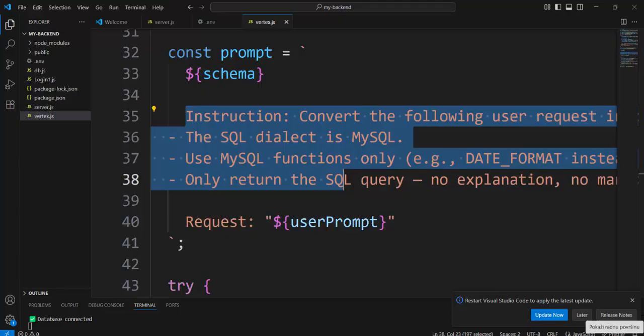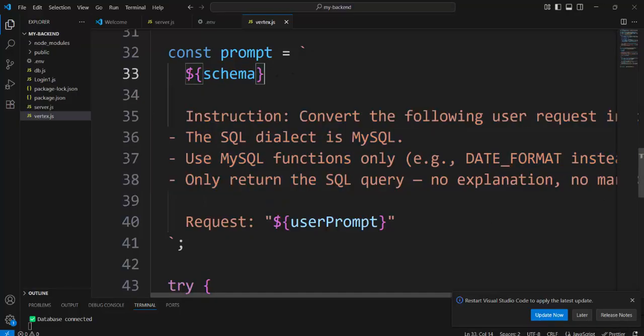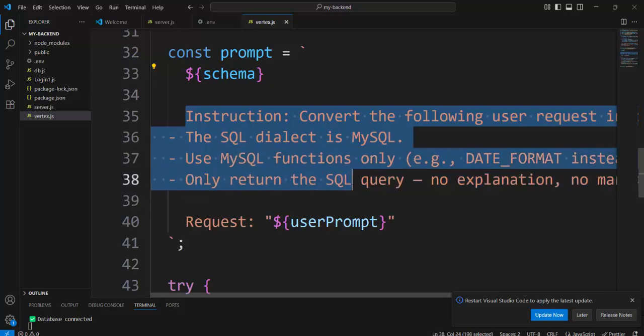The schema comes from a helper function, but the instructions must be written by the developer. We don't know all possible instructions in advance.